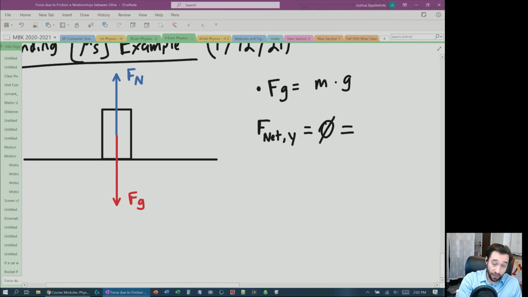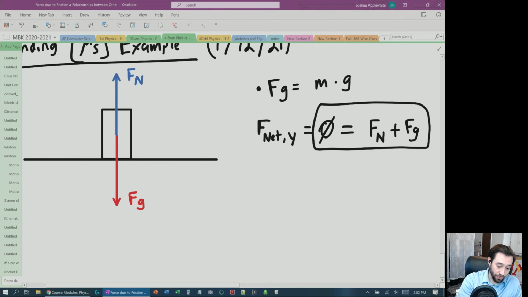And because it's 0, I know that if I add my normal force to my force due to gravity, if I sum those two together, it must equal 0. So I'm going to have the normal force plus the force due to gravity, and that's going to equal 0. Is that clear?